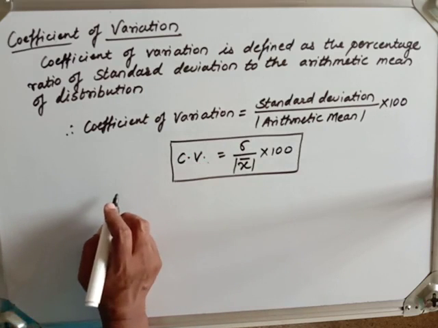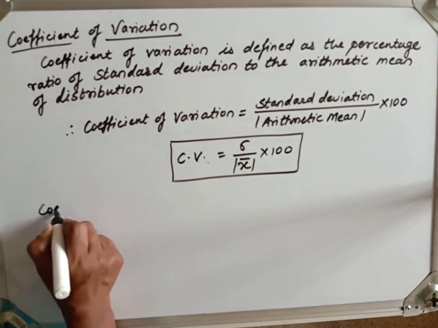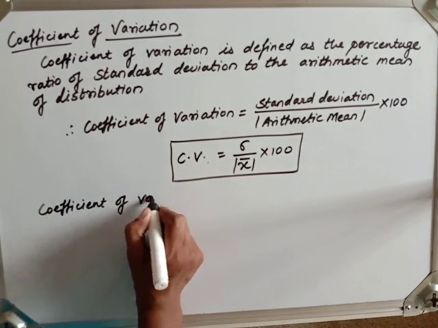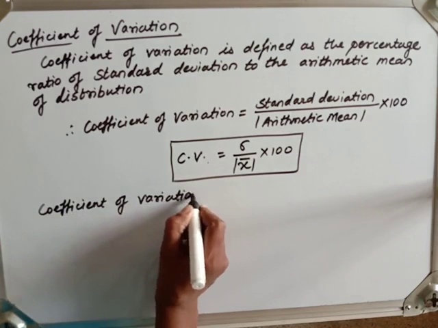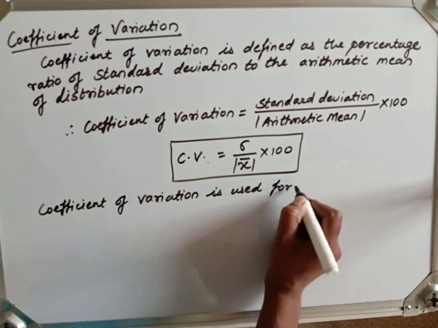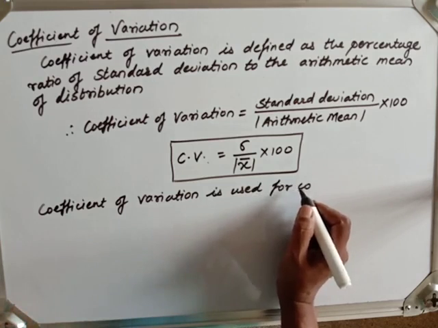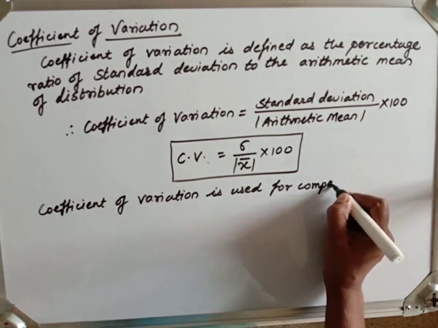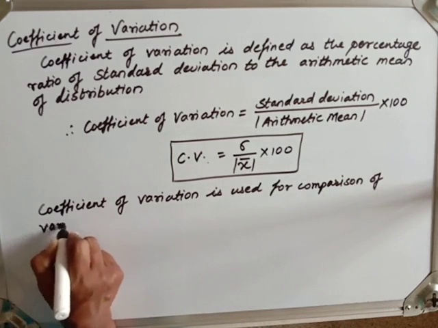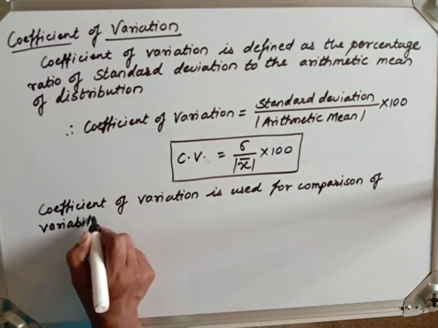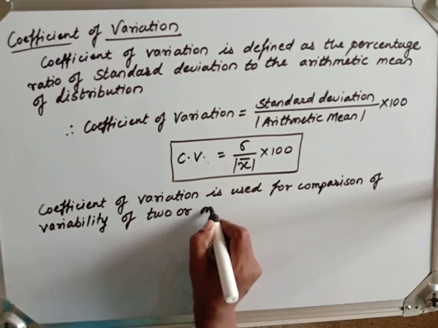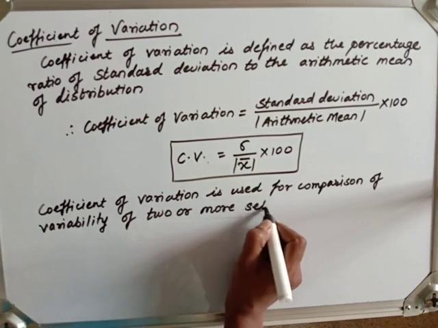Now, where is the coefficient of variation used? The coefficient of variation is used for comparison of variability of two or more data sets.